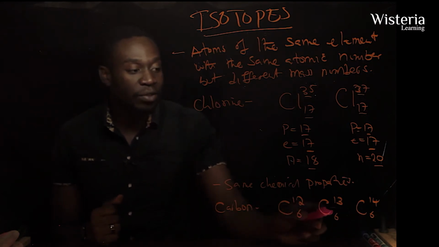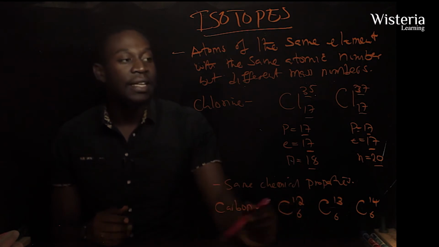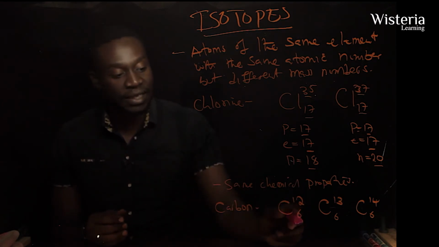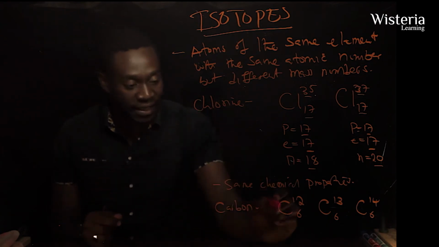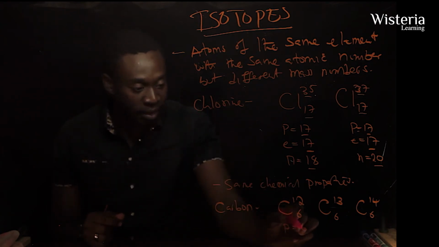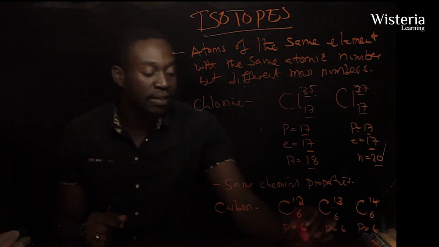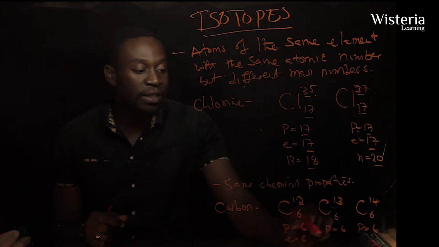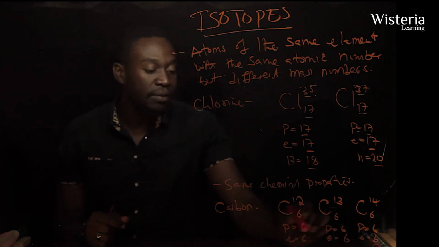So all these isotopes will react in the same way because the number of protons are the same. If the number of protons are the same, the number of electrons will be the same. So even in this case, protons are 6, even here protons are 6, even here protons are equal to 6. The electrons are equal to 6 in each.